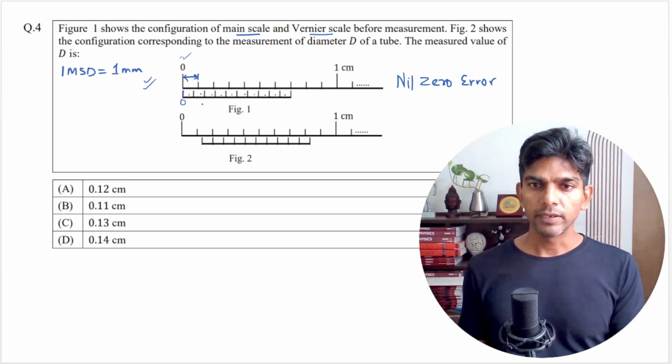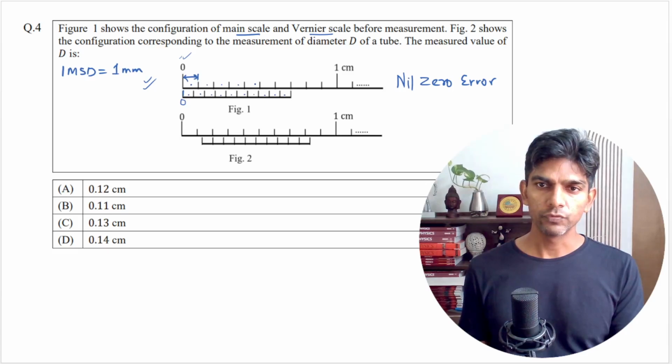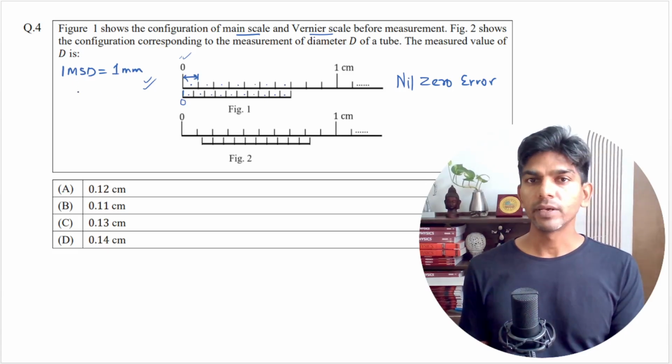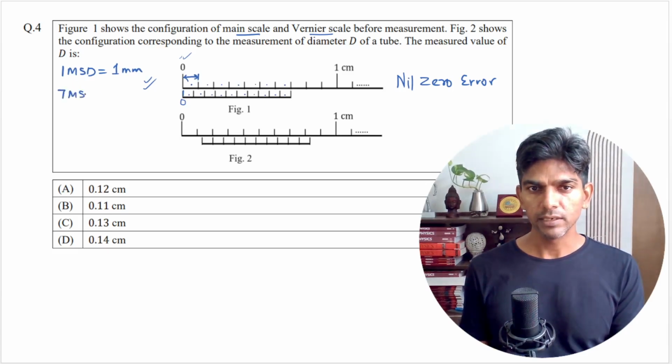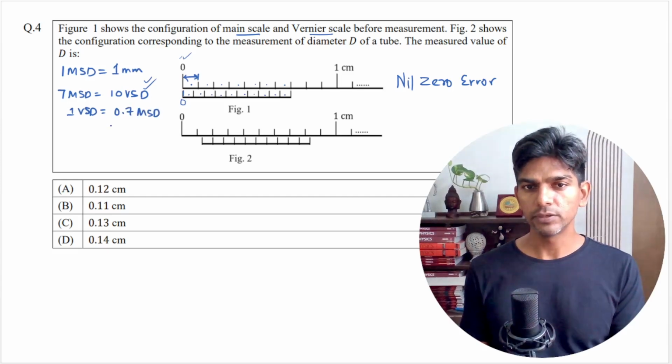So 10 vernier scale divisions are coinciding with 1, 2, 3, 4, 5, 6, 7 main scale divisions. So we can say 7 main scale divisions are equivalent to 10 vernier scale divisions. So one vernier scale division will be 0.7 times a main scale division, and one main scale division is 1 millimeter. So that comes out to be 0.7 millimeter.